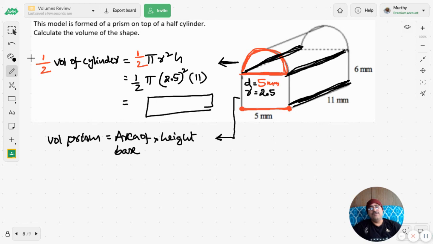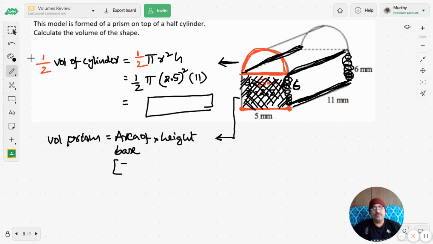Or else, if you would like to take any one face, here it is. I see 5 units at the bottom, and this is 6 units, because opposite sides are equal. You see that this is 6 here, and this also is going to be 6.